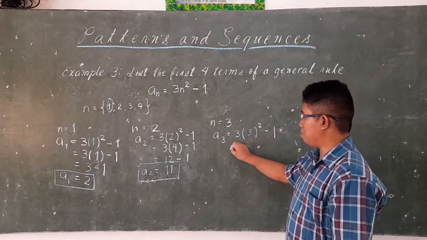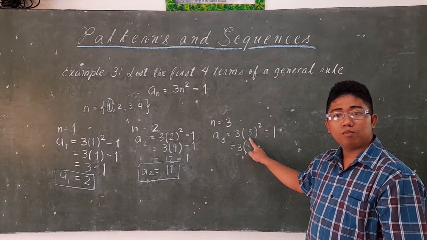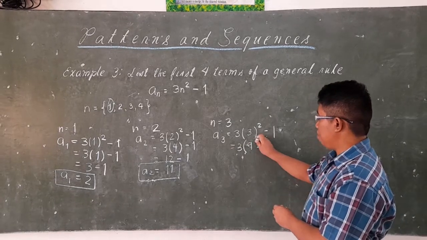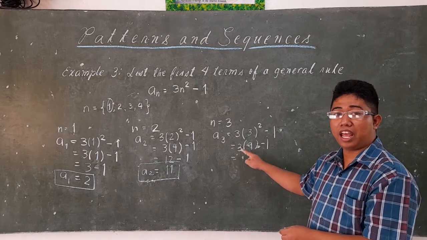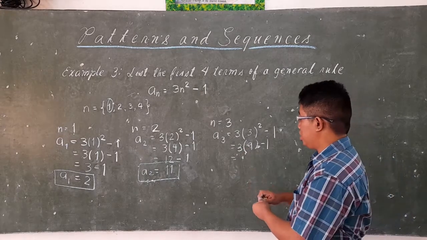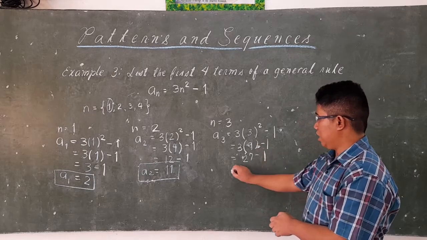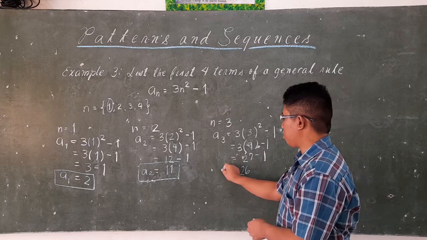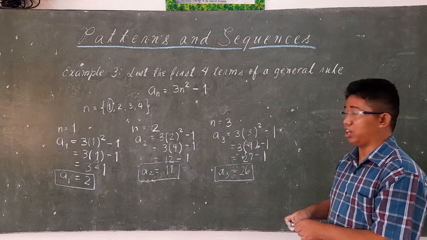What is the value of 3 squared? 9. So that is 9. So 3 times 9 minus 1. So multiply 3 and 9, which is 27. So 27 minus 1 becomes 26. Therefore, 26 is the third term in the given general equation.